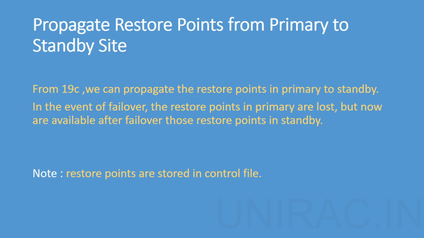We know restore points. These restore points help us in the event of logical corruptions to enable fast point-in-time recovery. These restore points are defined on the primary side, but whenever a failover happens, the restore points created in primary, which are stored in the control file, are lost. To make the same restore points available in standby at the time of failover, from 19C they are automatically created in standby.